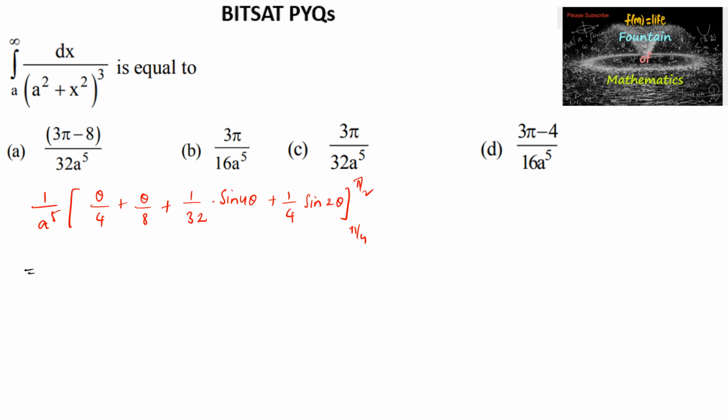So here we can write 1 upon 4, taken common. So here 1 by 4 a power 5 times (theta plus theta upon 2 plus 1 upon 8 sin 4 theta plus sin 2 theta) over the limits pi by 4 to pi by 2.